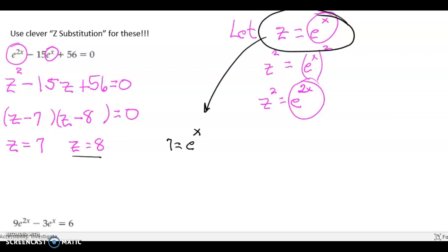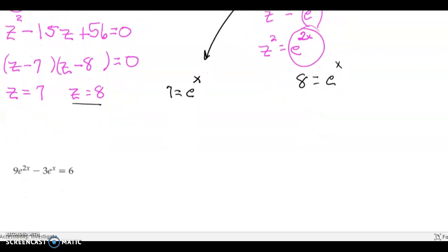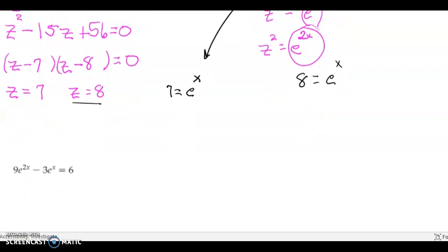If z equaled 8, it would say 8 equals e to the x power. So how will we solve that? That is exponential, but we'll need to solve it by using logarithms. Natural log, because my base is e, and my answer is 7, and my exponent is x.